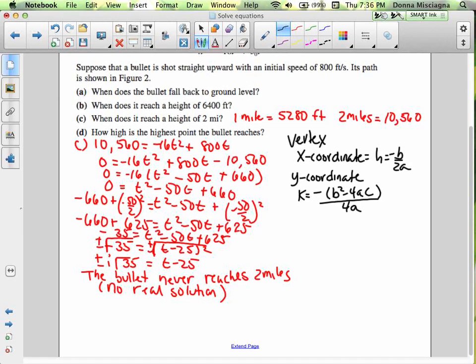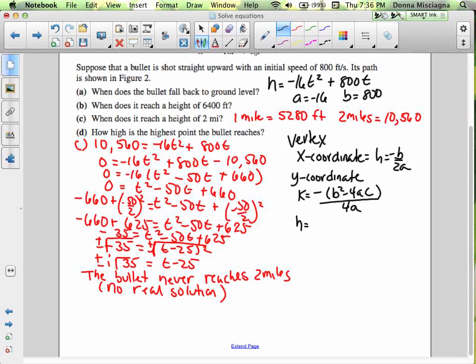So for our x-coordinate, our h, our equation, which is not up here, was h equals negative 16t squared plus 800t. So a is negative 16 and b is 800.